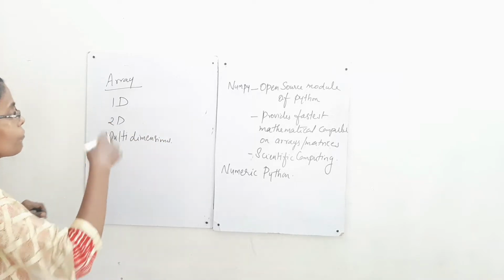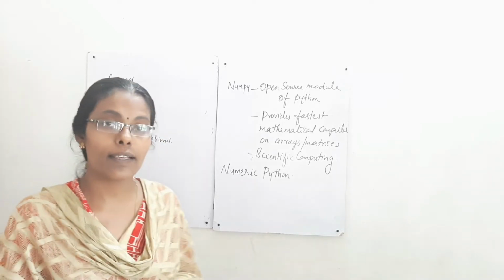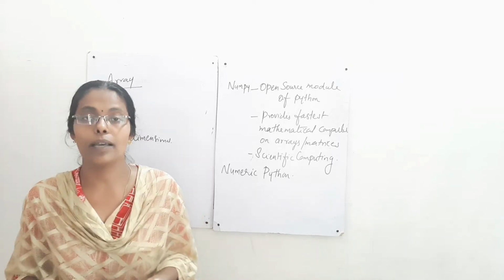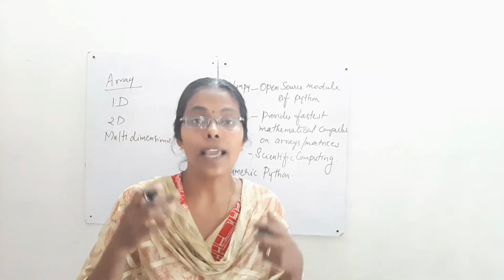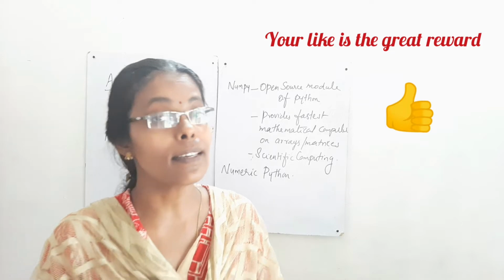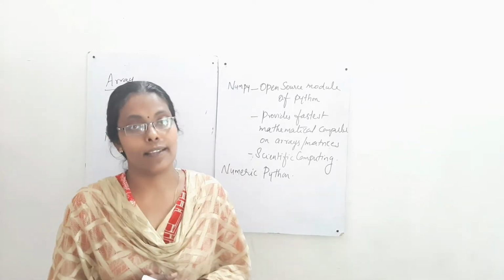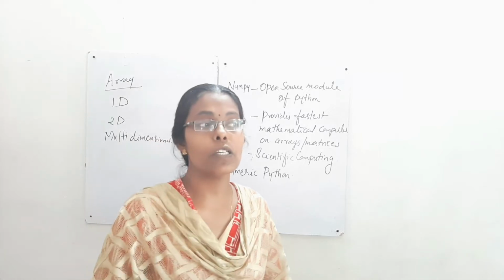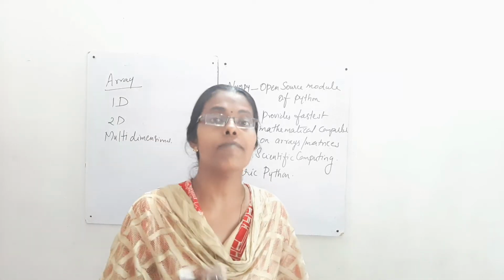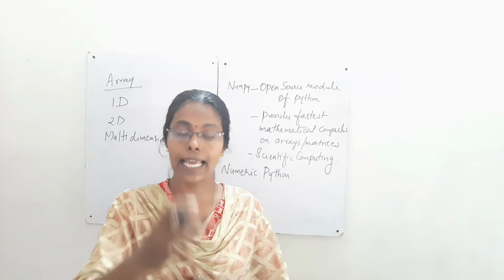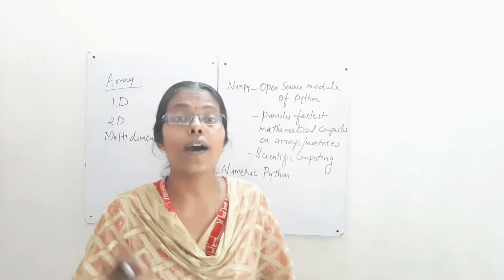Different types of arrays are there. One-dimensional arrays, two-dimensional arrays, multi-dimensional arrays. Multi-dimensional arrays are also provided by Python. Okay, so one-dimensional array means only in one dimension, the elements are stored row wise only.